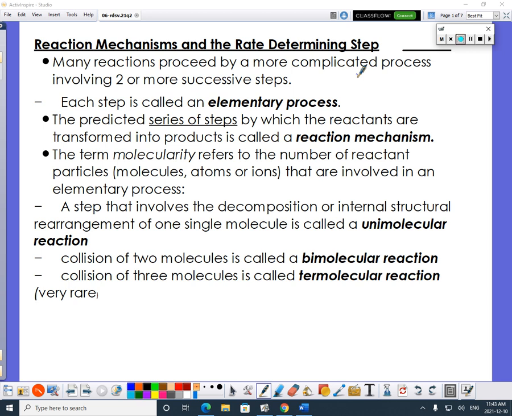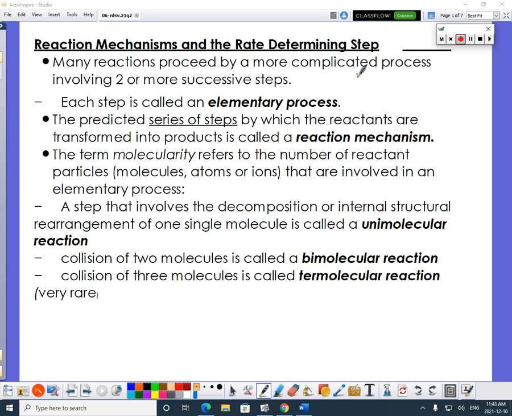There's a kind of terrible saying, you're only as strong as your weakest link, but it really applies here. A reaction can only go as fast as its slowest step, okay? So we're going to consider what happens when a reaction occurs as a more complicated process than just reactants making products.